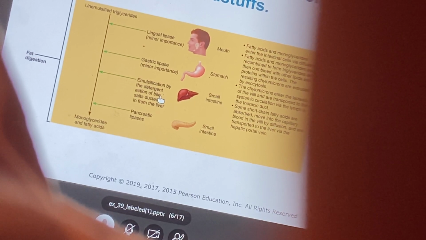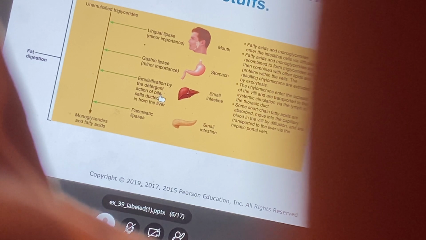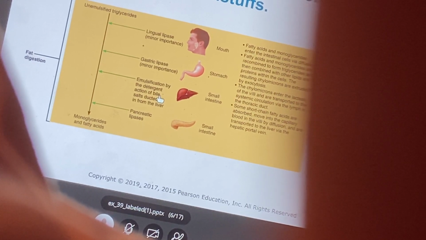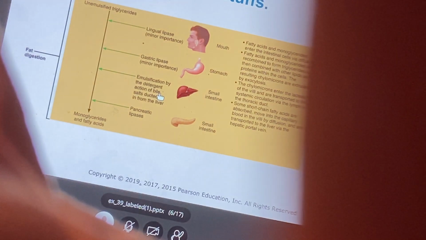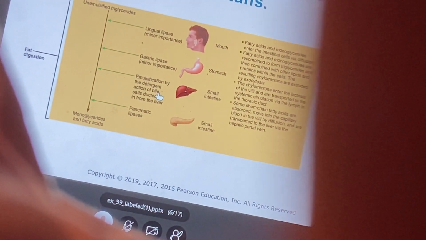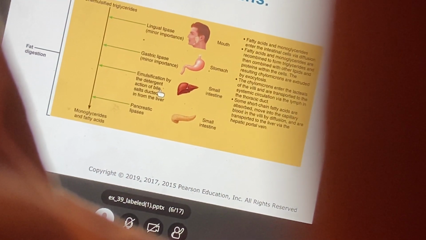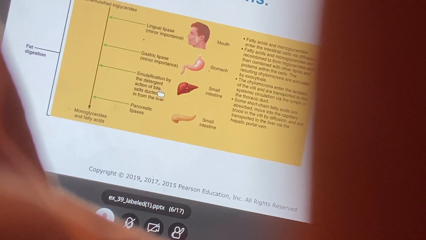So that is basically emulsification. Bile is like a detergent to dissolve the fat. Now the pancreas also has a role. The lipases, okay, lipases. Those are the enzymes that will break down the fat.